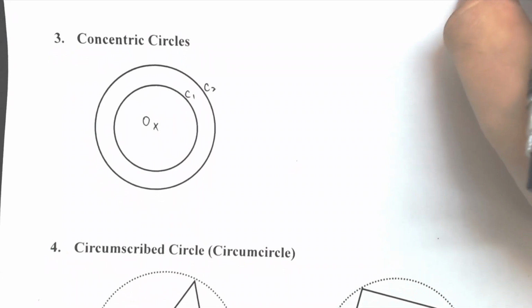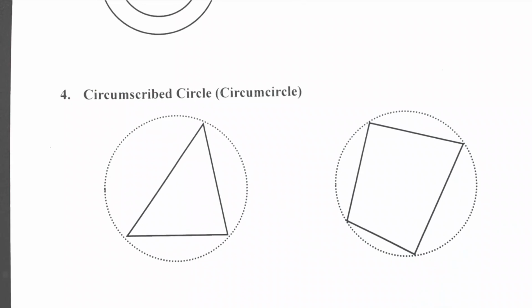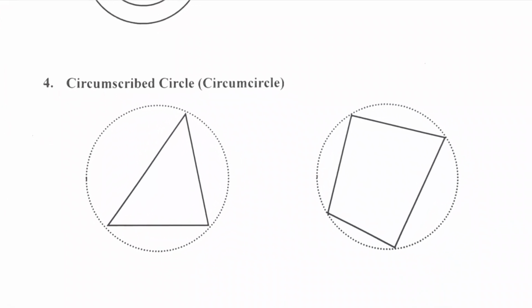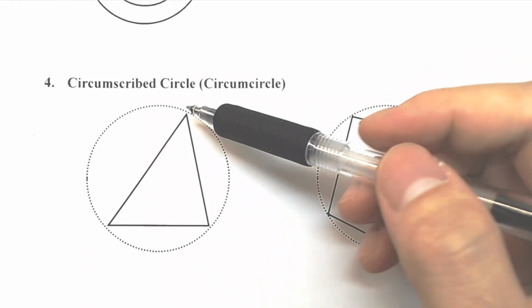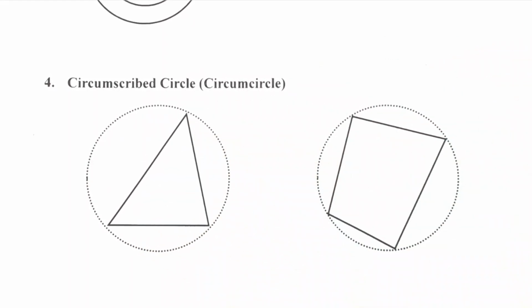The fourth, circumscribed circle, as well as circumcircle, is a circle which passes through all vertices of a polygon. And for any triangle, we must have circumcircle.